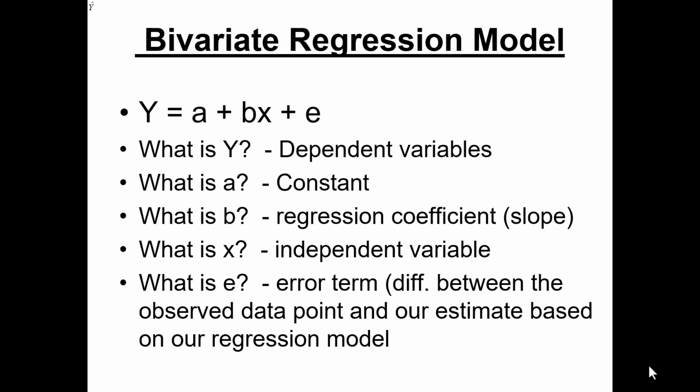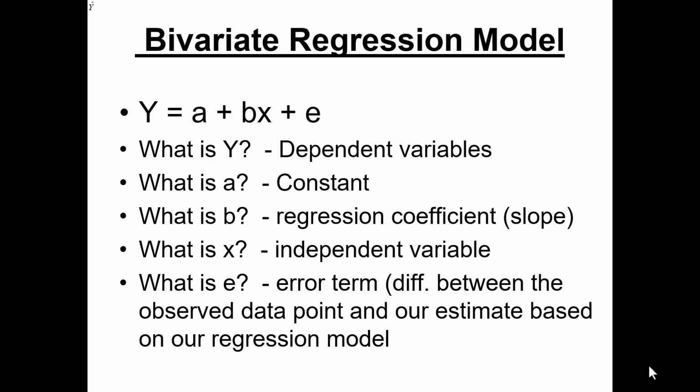So in this relationship, y is the dependent variable, a is the constant, but it could also be b naught, right? Beta naught. B or beta is the regression coefficient, sometimes referred to as a slope. X is the independent variable.